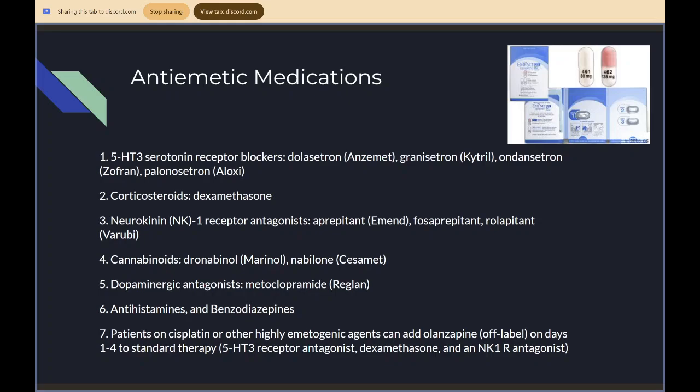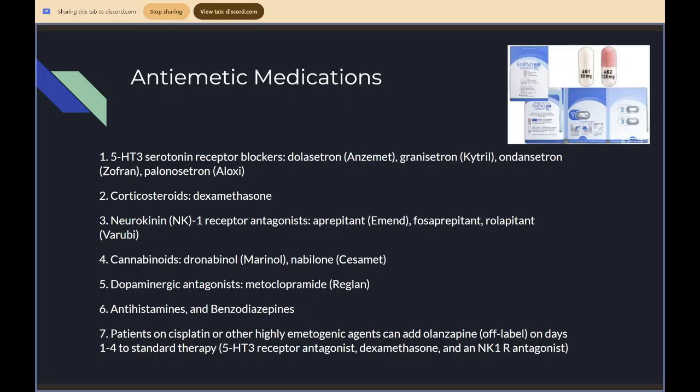We have antihistamines and benzos as well. Patients on cisplatin or other highly emetogenic agents can add olanzapine, which is off-label, on days 1 through 4 to standard therapy, in addition to the 5-HT3 receptor antagonist, dexamethasone, and the NK1 antagonist.